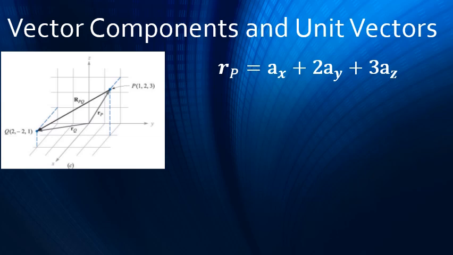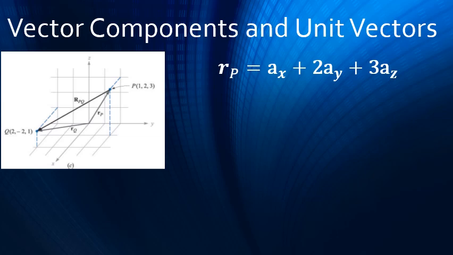Yan si vector P. Si vector Q, kung mapapansin natin, ay nag-extend outward, nagsimula sa 0, 0, 0 or the origin, papunta sa point Q which is 2, negative 2, 1.